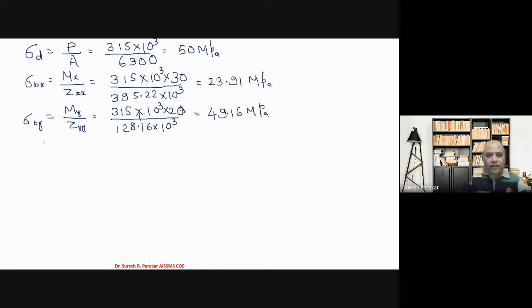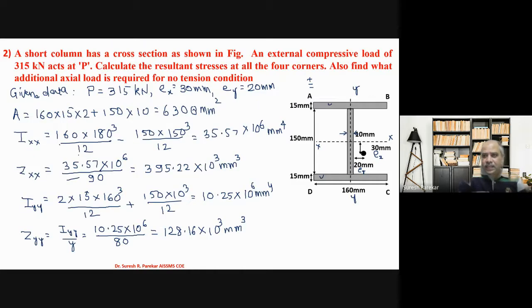So we have sigma A, then we have sigma B, then sigma C, and then sigma D. Now sigma D we have plus in all. Then we will go to sigma Bx. So we have on this side, D and C will be plus.